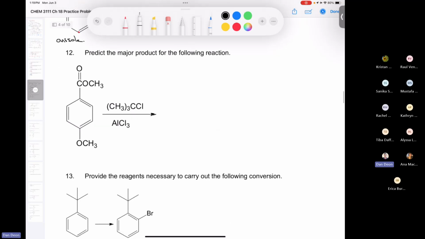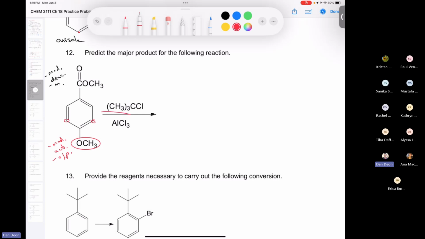All right, next one, we have an ester, but you have a carbonyl directly attached to the ring, so that's a moderate deactivator, and that's going to be a meta director. And then you have anisole, so this is going to be a moderate activator, and so it's going to direct to the ortho-para. So remember, whichever one is the stronger activator is going to be the directing group. And so the alkoxy group is going to direct to the para position, which already has a substituent, so it's going to block mostly to the ortho substituents.